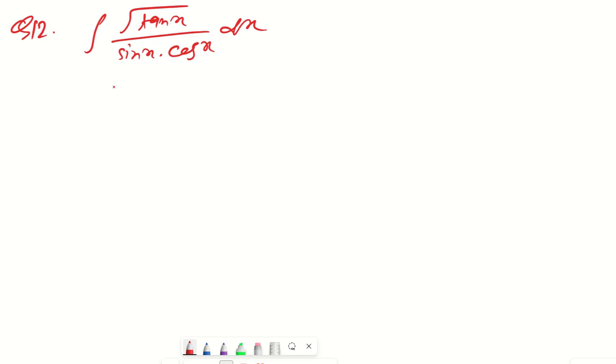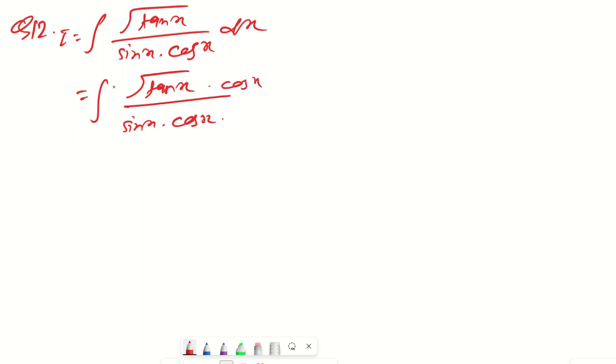So I is equal to integration of square root of tan x divided by sin x into cos x, and we can multiply and divide by one more cos x, so it will become cos x into cos x, up and down both.